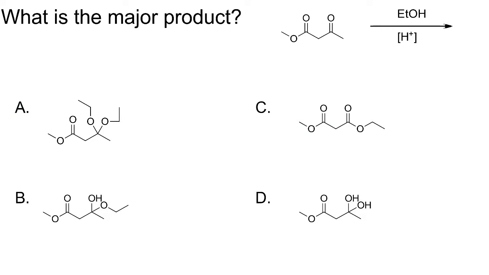Okay, so what is the major product here? If we have a ketone in the presence of an ester, we add ethanol plus catalytic acid. What product do we get?